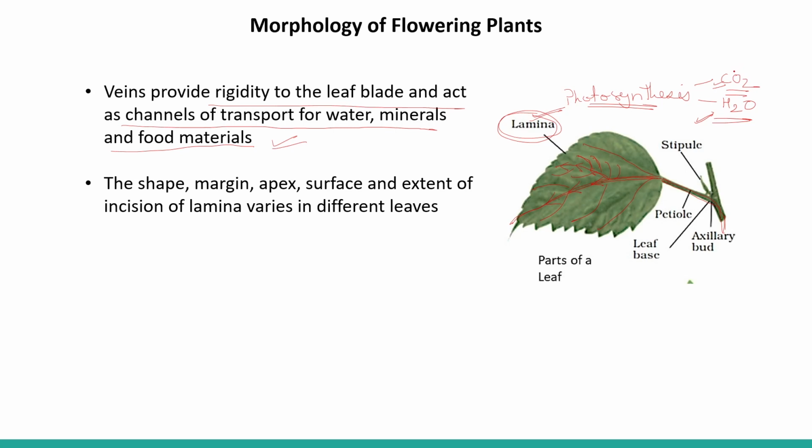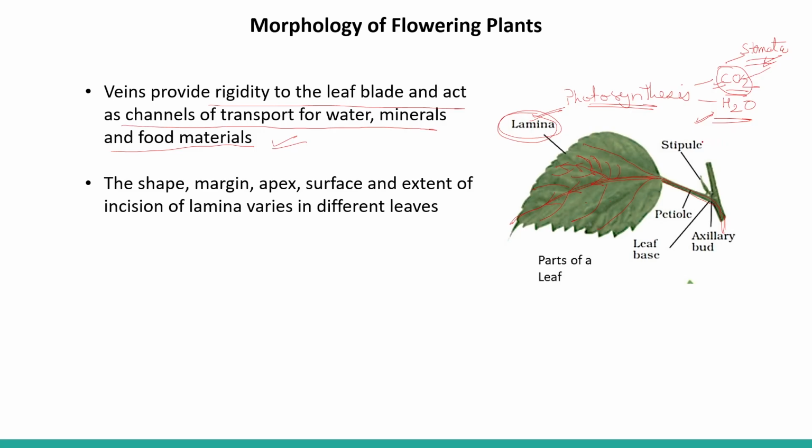So from where is this carbon dioxide coming? The leaf surface is having small openings which are called stomata. Now stomata are there for exchange of gases. Okay, so carbon dioxide is moving inside the leaf through stomata. Now water. Water is absorbed by the roots.